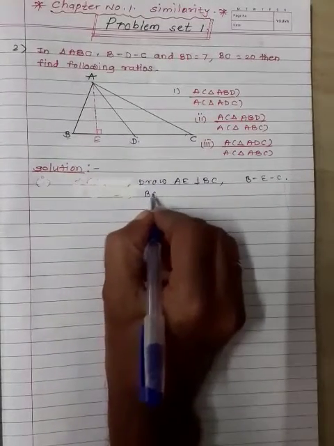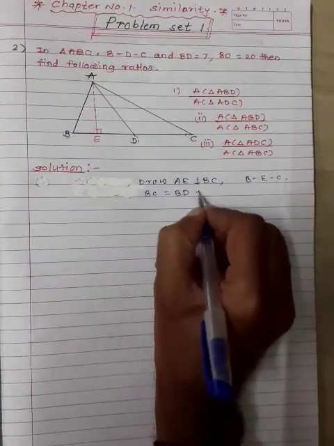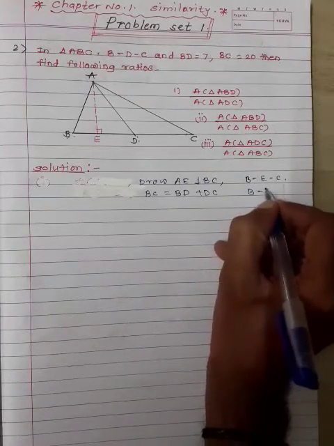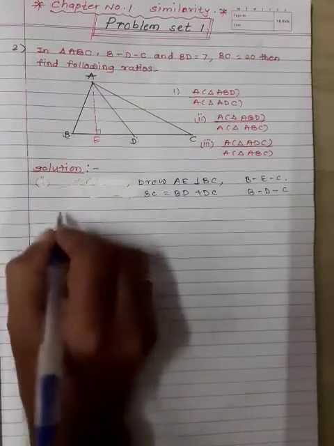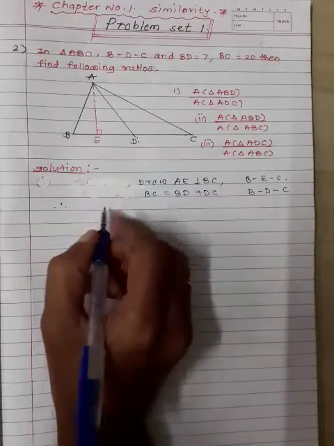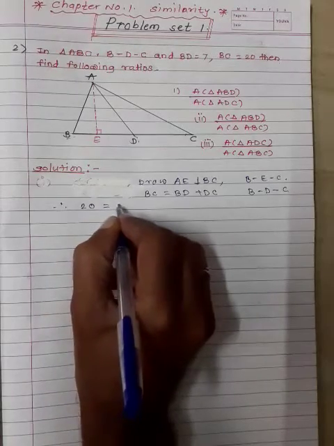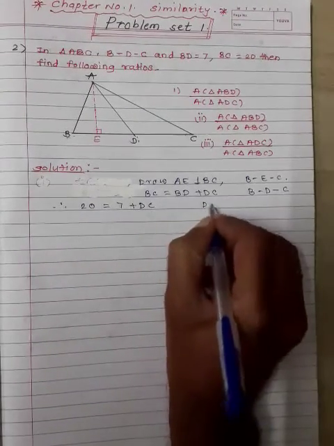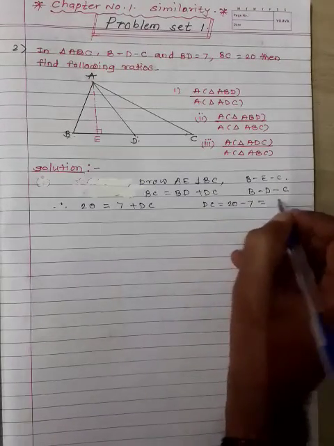Next, BC is equal to BD plus DC, as D lies between B and C. Therefore, BC is 20, BD is 7, so DC is equal to 20 minus 7, which is equal to 13.